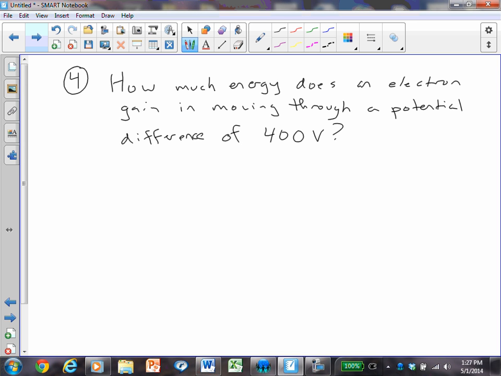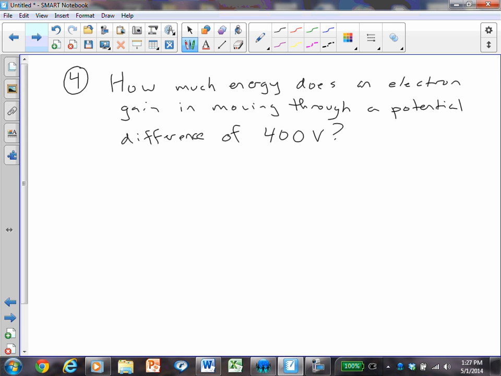So what gives us potential difference in everyday life? Potential difference is what? Well, it's energy per charge unit. Like a battery, a 1-volt battery. So it's the voltage, right?